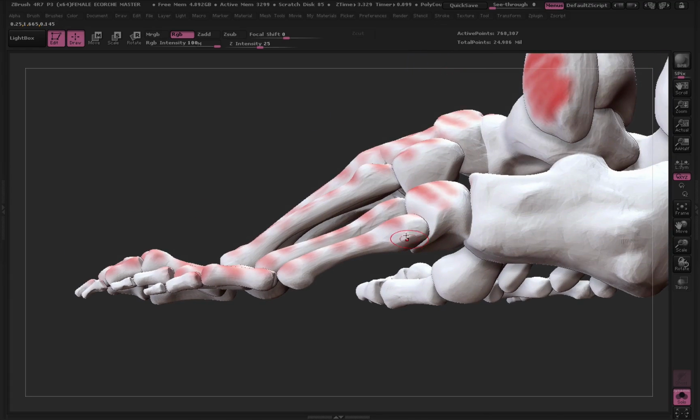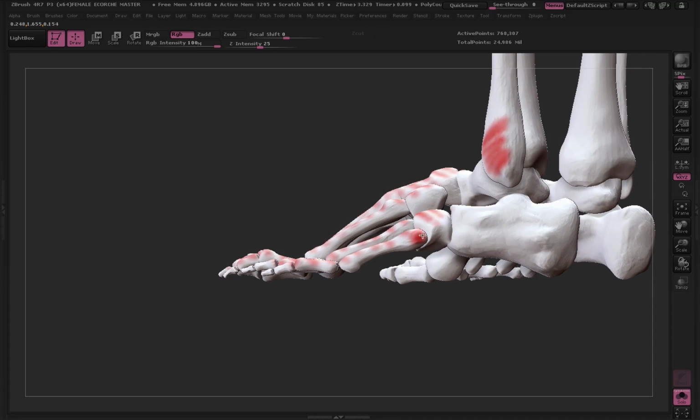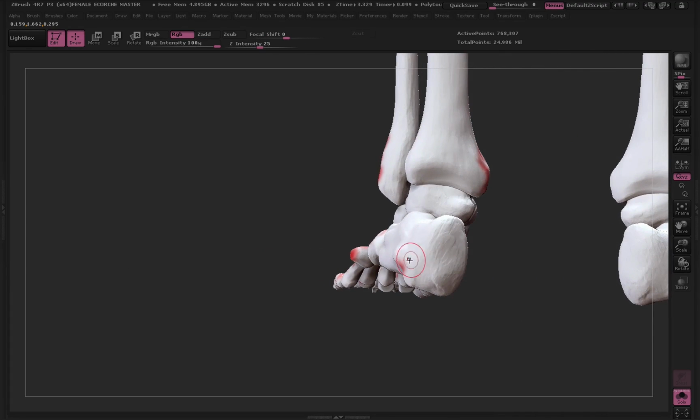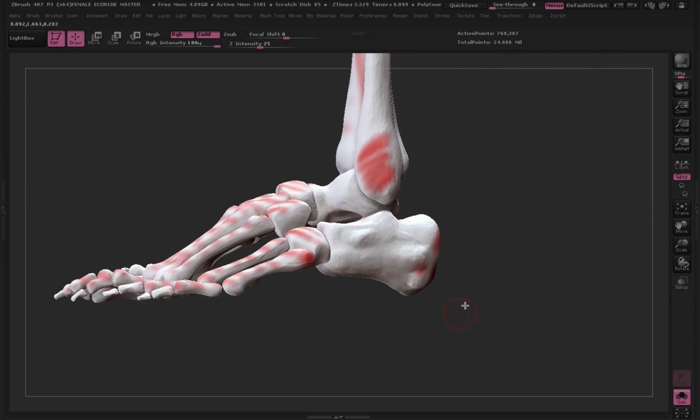We've got these points on the skeleton of the foot. So there's going to be a muscle that comes from here to here and from there to there. The heel bone, the calcaneus, is also just below the surface.